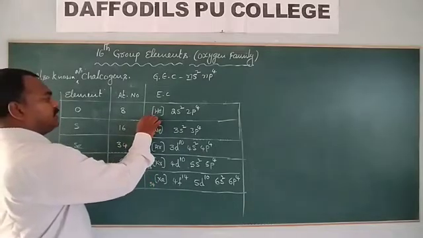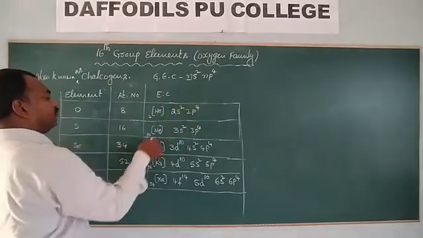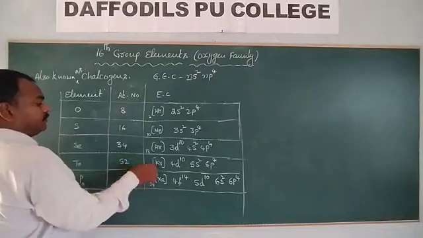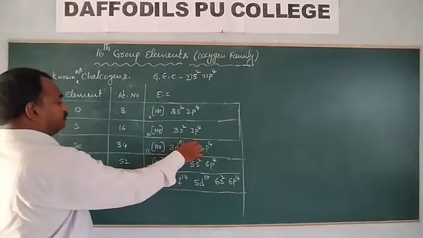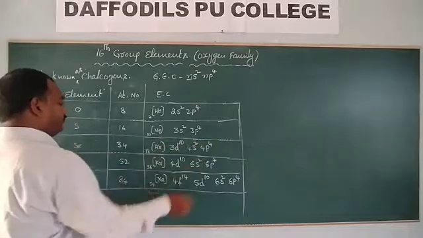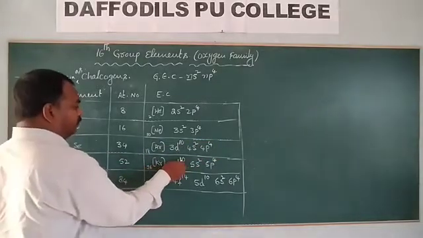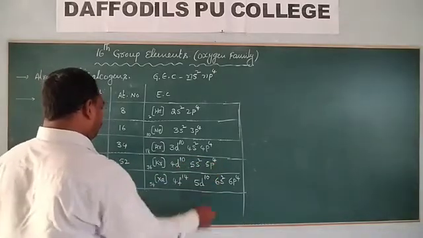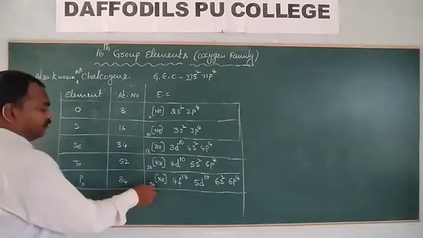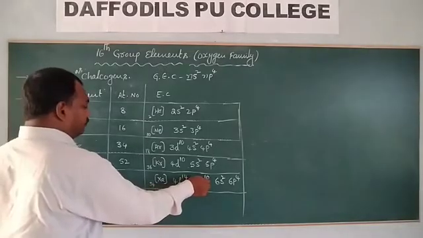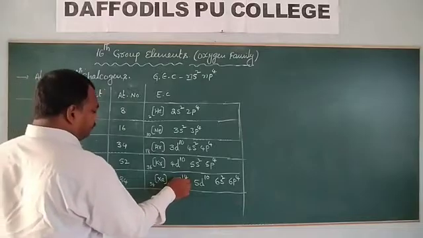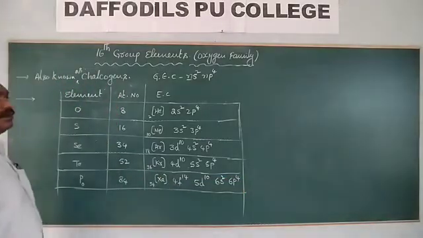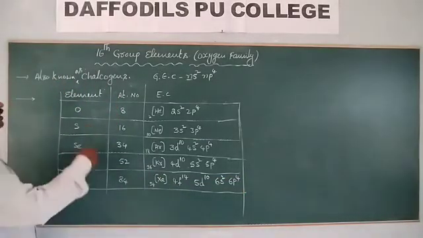So here 2 is already there. 2, 4 plus 4, 8, 10, 14, 16, 18, 20, 30, 34, 36, 46, 48, 50, 54, 64, 78, 80. So these are the electronic configurations.